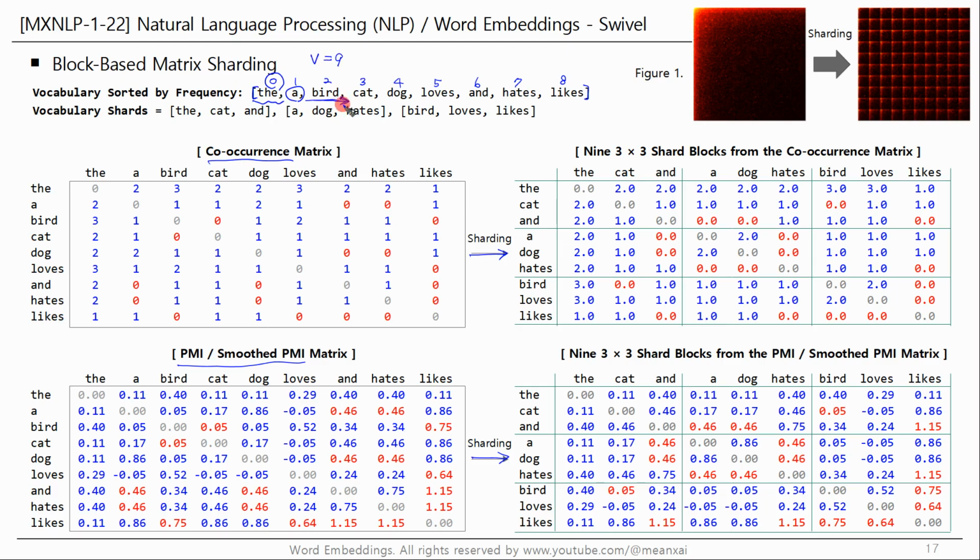This ordering is actually very important when we create the shards. For this example, let's set the shard block size K to 3. This means that each shard block will have 3 words along its rows and 3 words along its columns, so each block will be a 3 by 3 matrix.